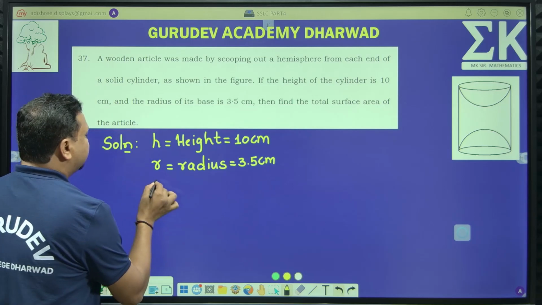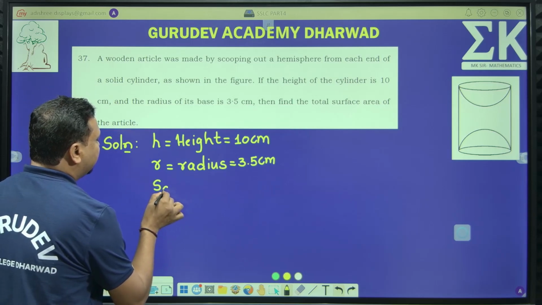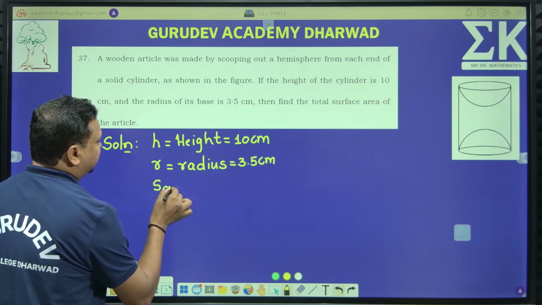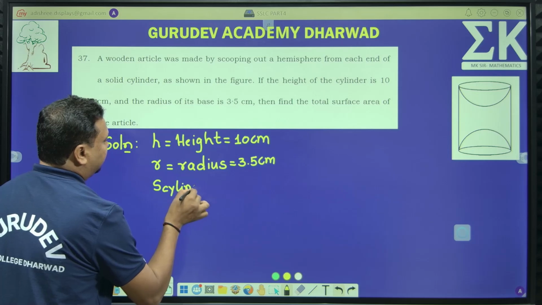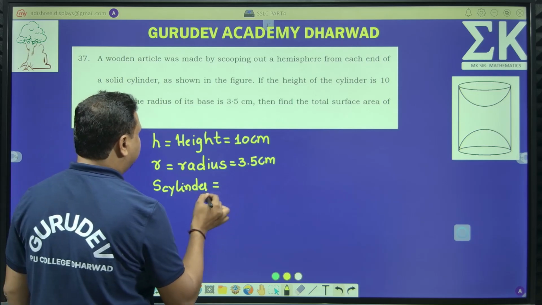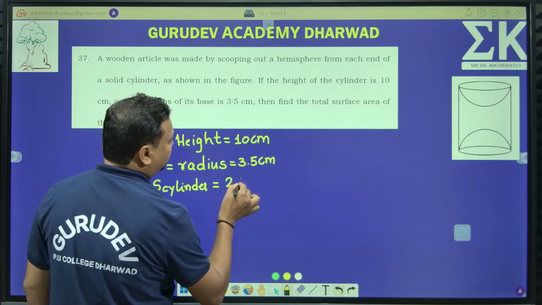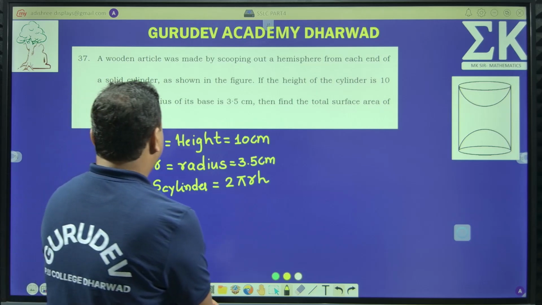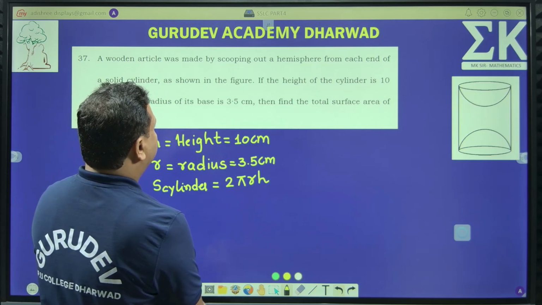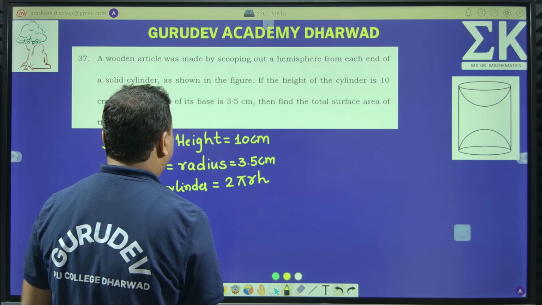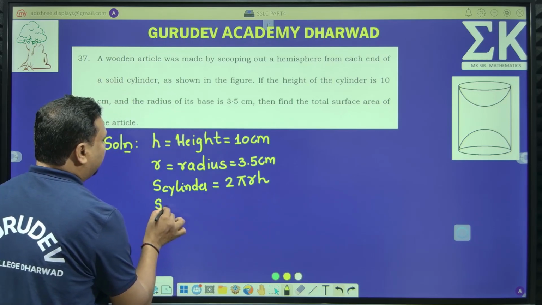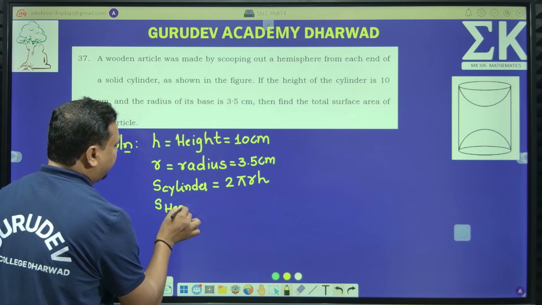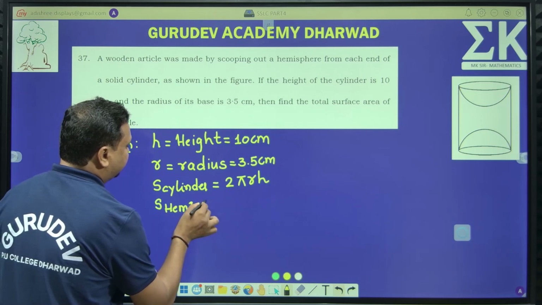We need the surface area of the cylinder. What is the surface area of the cylinder? It is 2 pi r h. And what is the surface area of a hemisphere?